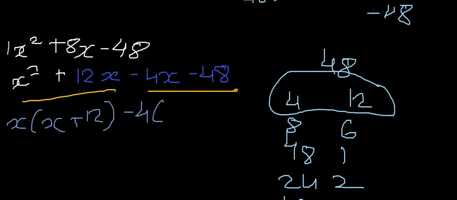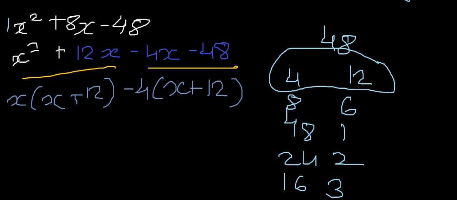If I take out minus 4, then I will get minus 4 times (x plus 12). Now remember that these two brackets should be equal. Here x plus 12 is equal to x plus 12. If you are not getting this, then your factors are wrong, or these factors, though their addition or subtraction gives the middle term, won't work for this equation.